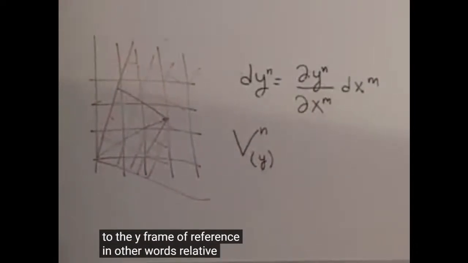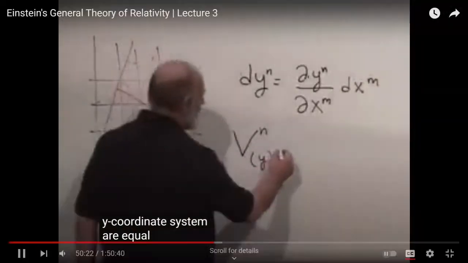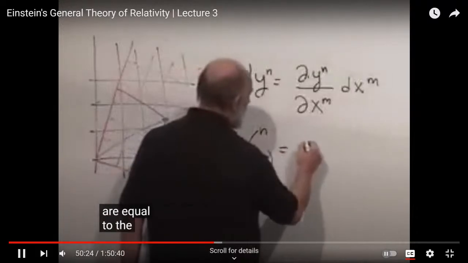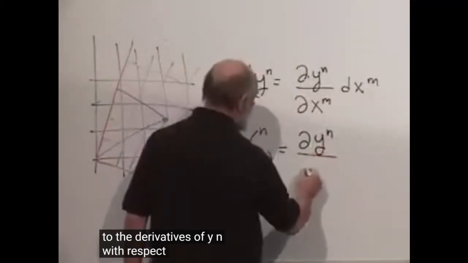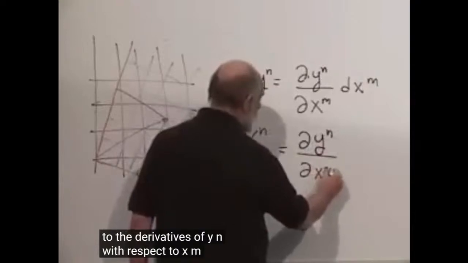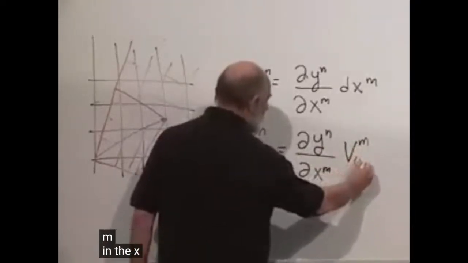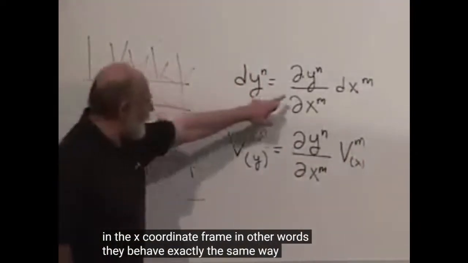In other words, relative to the y coordinate system, they are equal to the derivative of yn with respect to xm times vm in the x coordinate frame. In other words, they behave exactly the same way.